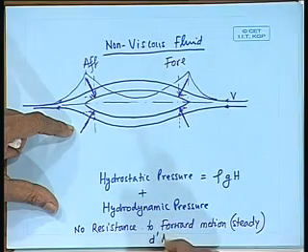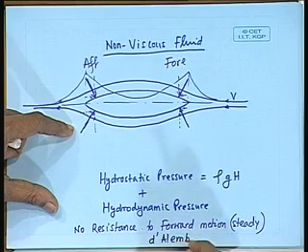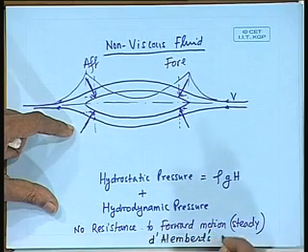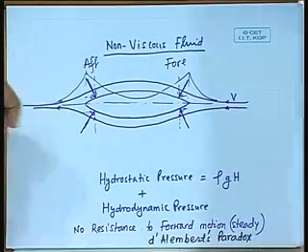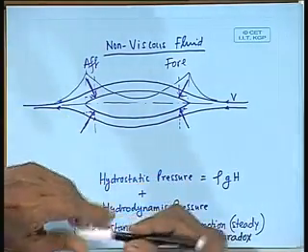So, it is called D'Alembert's paradox: that in a non-viscous fluid, the resistance to forward motion is 0.